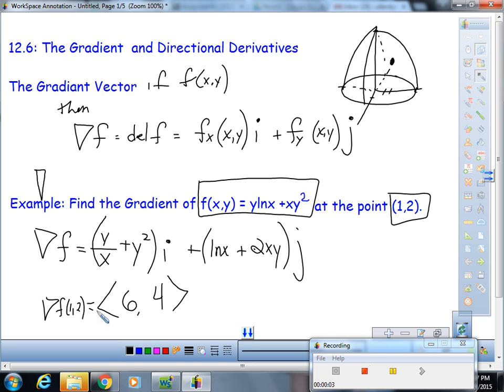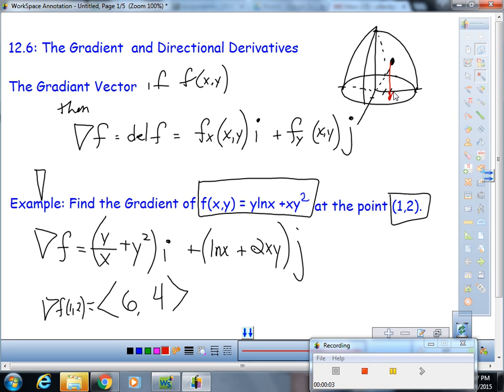Okay, now, later on in this video, this will make more sense to you. So for now, I just want you to pay attention. Okay, what that tells us is that at the point 1, 2, so imagine this like it's a shadow right there, and this red point is directly underneath the black point. Okay?